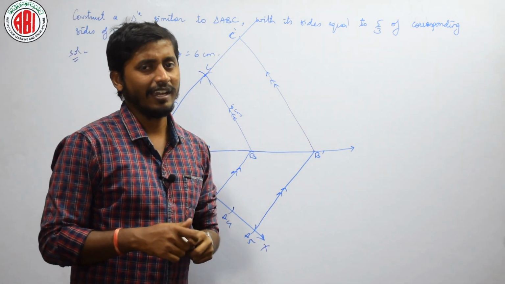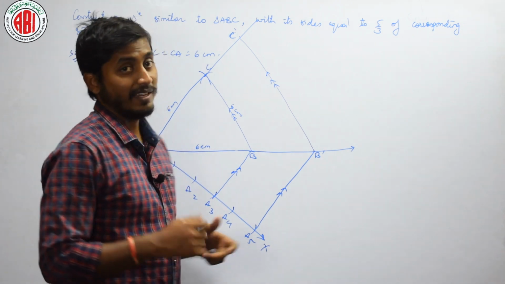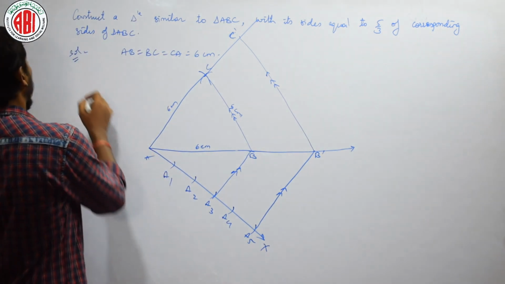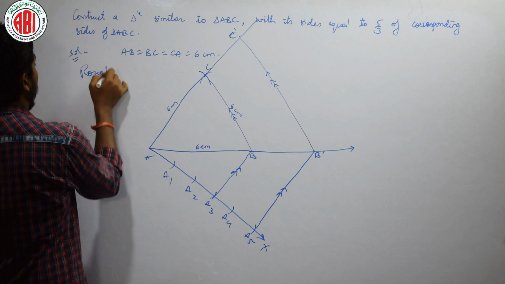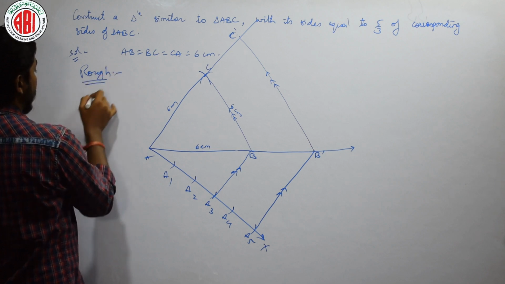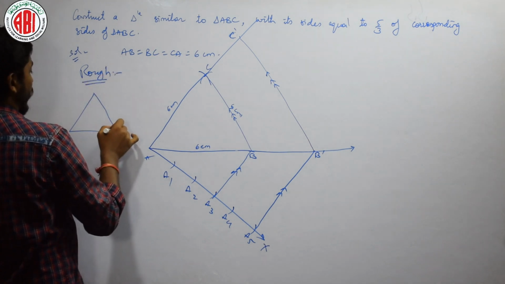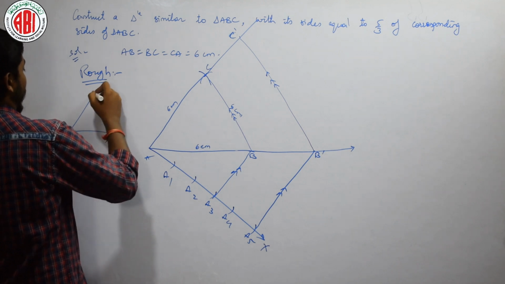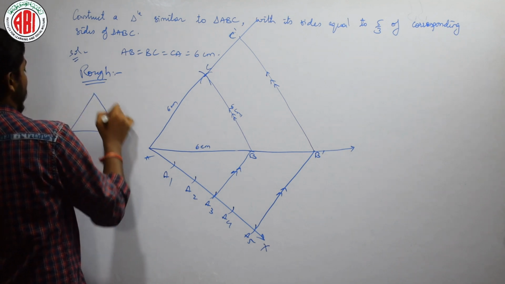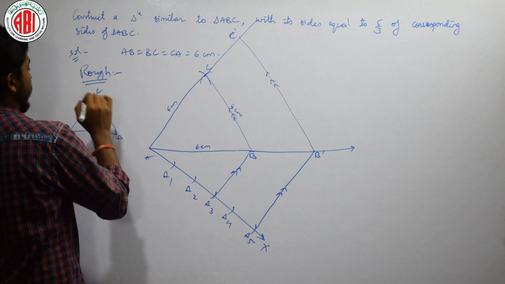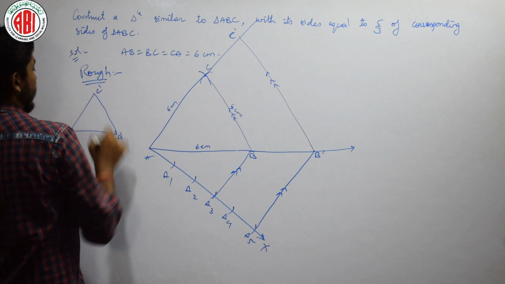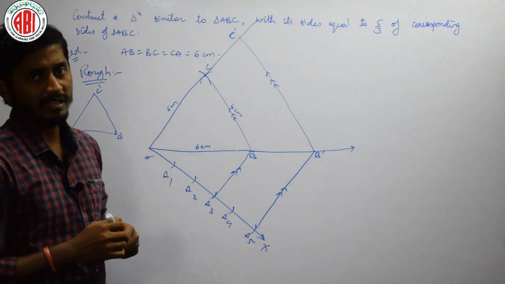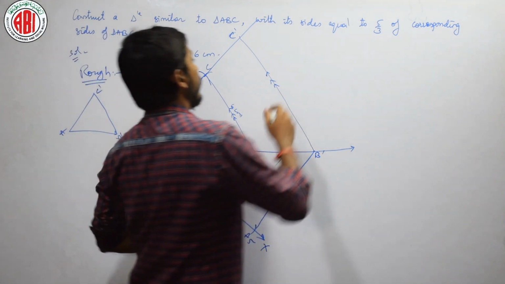Okay. Shall we write construction steps? Before that, once again I am telling you should draw a rough diagram. That is nothing but a normal rough diagram. You need not draw a very elaborate figure. At least draw a rough diagram A, B dash, C dash. Is it clear?